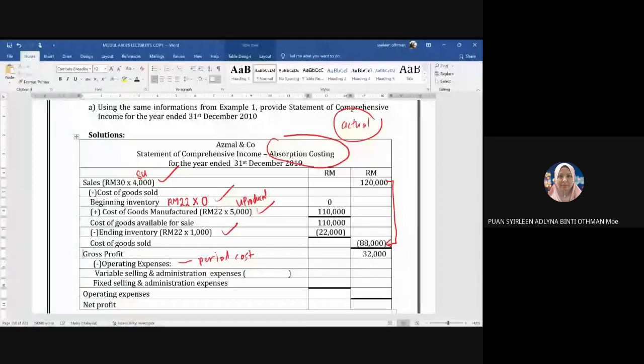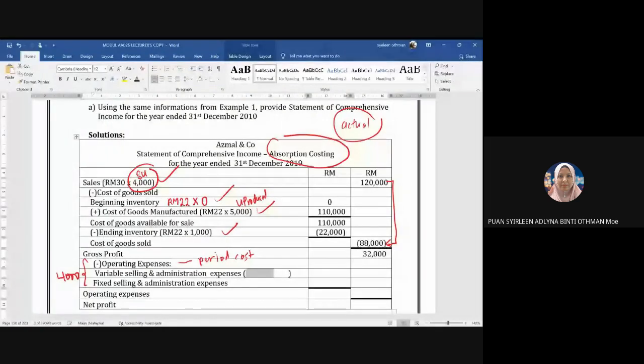Cuma kita akan asing ikut variable dan fix. Okay, so variable selling and admin tadi dia bagi satu unit RM2. Okay, your sales unit ialah ni. Sales unit 4,000. So di bawah ni sebab dia berkaitan dengan sales, so kita guna unit 4,000. Jangan salah sebab ada pelajar dia dah guna 5,000 kat atas, kat bawah pun dia guna 5,000. So salah lah nanti.